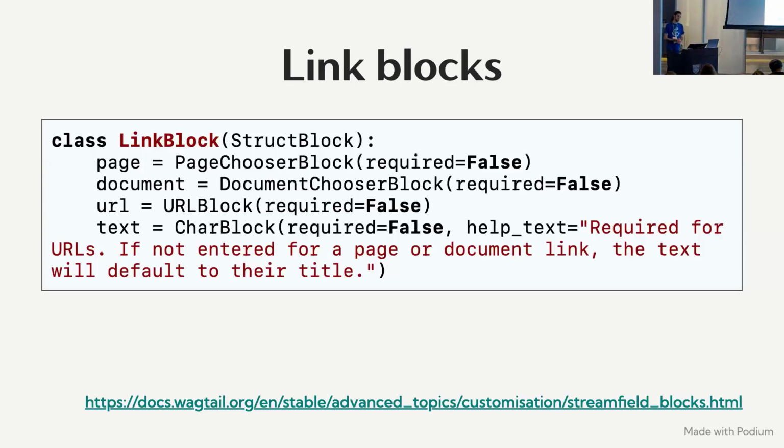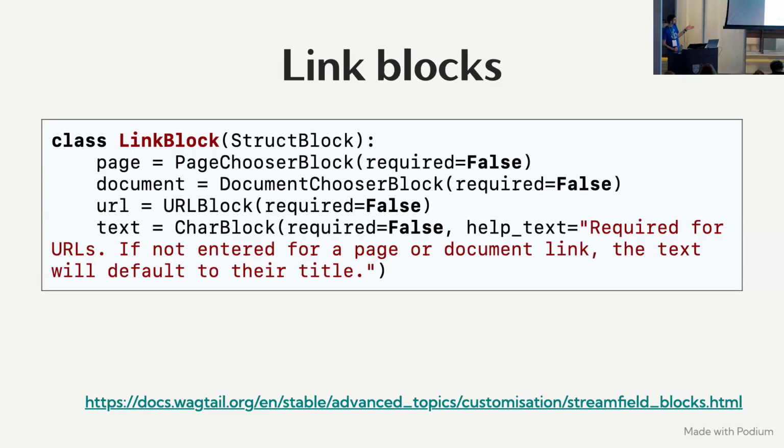Link blocks. Creating a link block is a rite of passage for Wagtail developers. It seems like everyone eventually wants this sort of block where you can choose one of several kinds of link destinations, enter your link text, and output the resulting link markup on the front end. I borrowed this example from the Wagtail docs page listed below and modified it slightly.